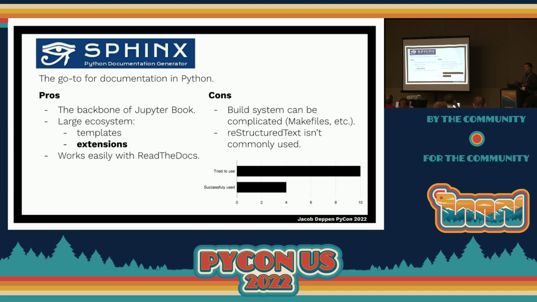But Sphinx is complicated. Complex maybe is better than complicated. It relies on things, or can rely on things like makefiles and other technologies that you may not have a lot of experience with, or you may not want to learn as part of documenting your Python package. And it may not be compatible with whatever system you're on, and you have to find a workaround.